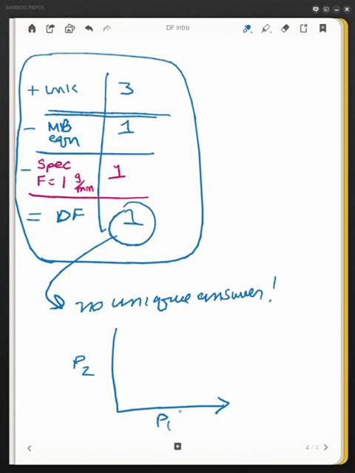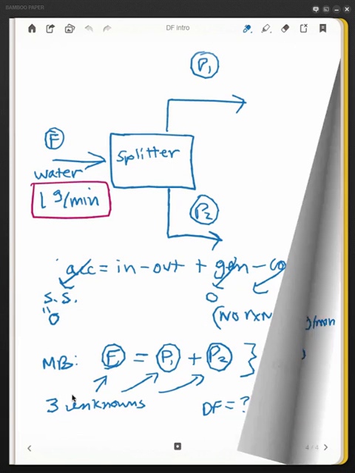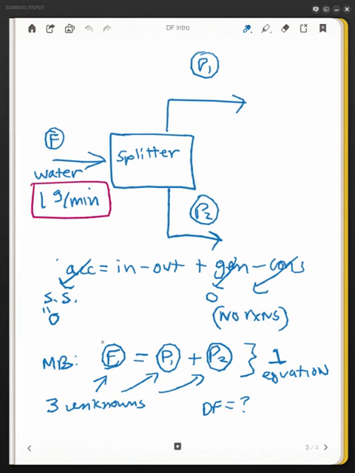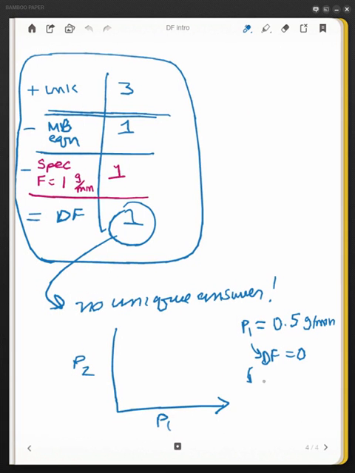That would be one way of showing the solution. Another one would be to just pick, say, P1 equal to 0.5 grams per minute. That would bring the degree of freedom to 0, meaning that there's one unique solution. And of course, if you go back to the equation, if F is 1 and P1 is 0.5, then P2 has to equal 0.5.